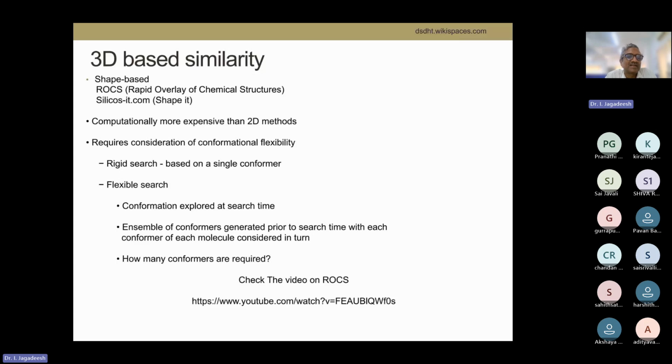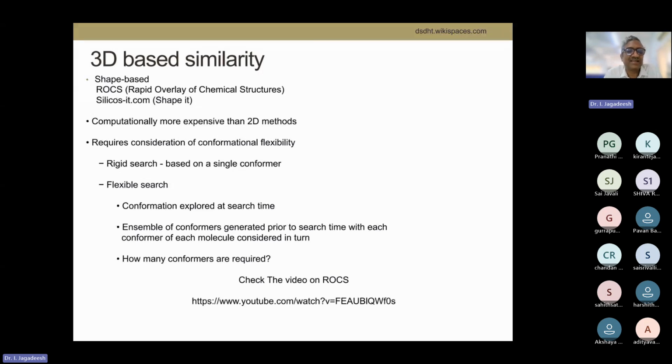In the 3D based similarity, we can have two types of searches. One is a rigid search, which is based on a single conformer. This rigid search is used in the key and lock type of approach, where we are seeing the initial virtual screening and initial high throughput screening. We don't want to take the conformational analysis because it will be time consuming.